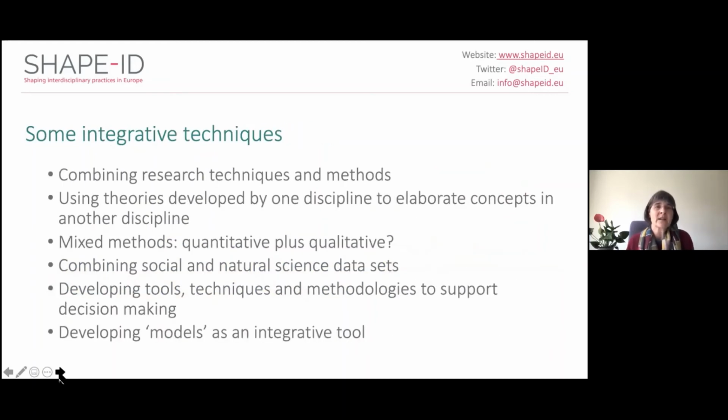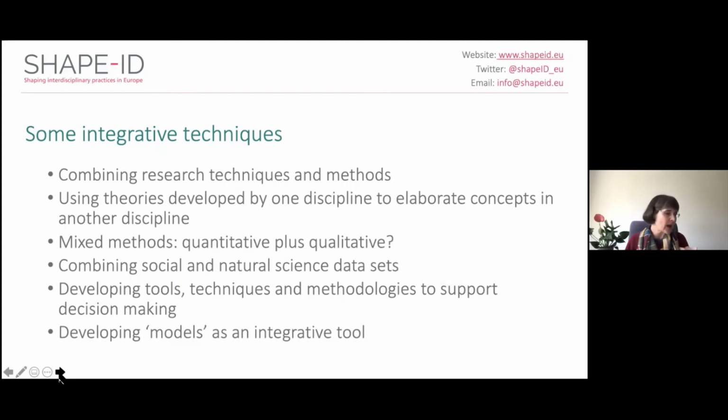Now, there are various techniques for what this integration might look like. It can be about combining different research techniques or methods. This is often something that happens, I think, in the natural sciences. I think that the STEM disciplines are often more adaptable and flexible in terms of taking a technique or a tool that's been developed in one field or discipline and applying it to another area.